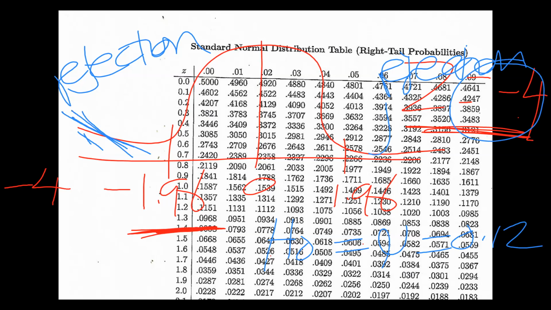If this calculated value was positive, you could have checked this side. Obviously, it is still falling in the rejection region, isn't it? Yes, sir. Is that clear?